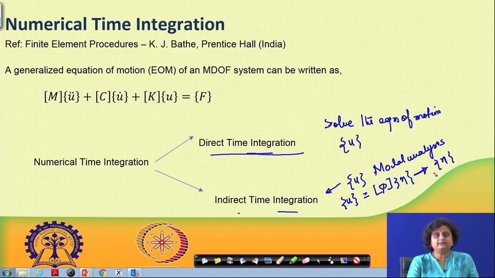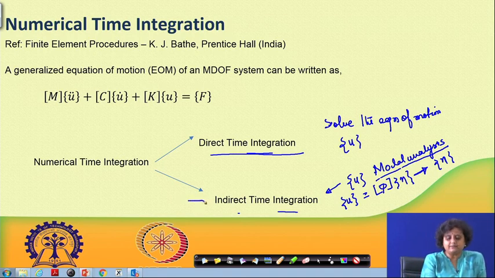Once we get the solution in terms of eta, we can get back u by using the inverse of phi or other techniques. This we have discussed in detail earlier. So, modal analysis is a classical example of an indirect time integration scheme.